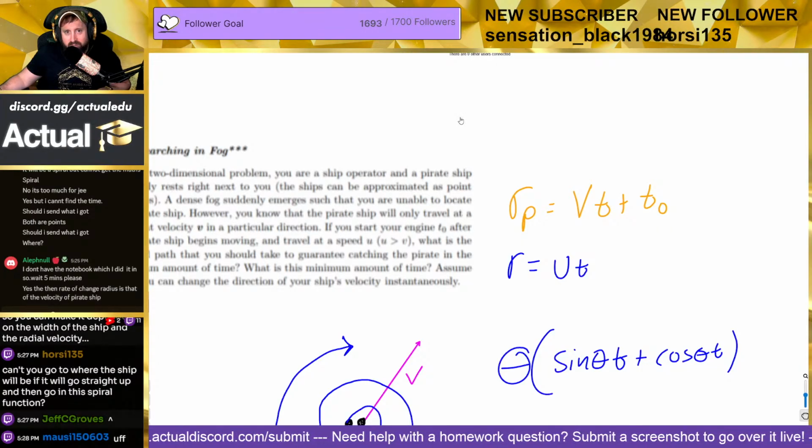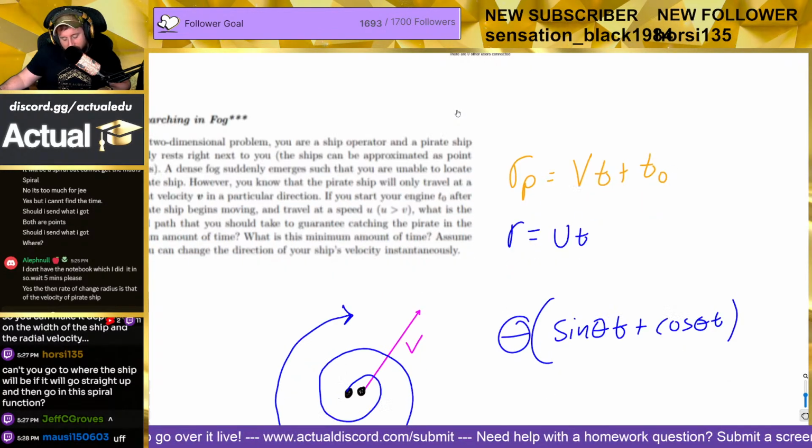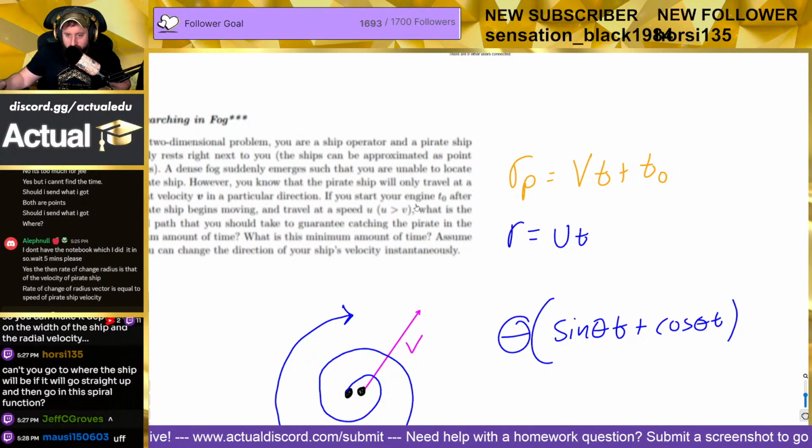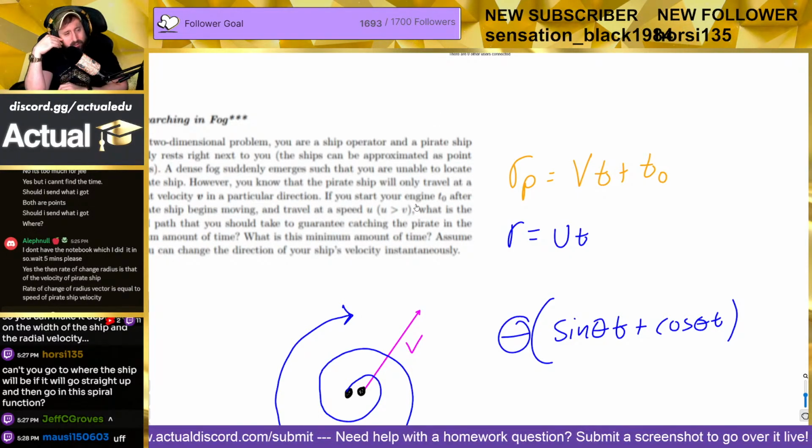But then I'm just curious how you write out the spiral function to make sure that the radial propagation is at least greater than, I guess, equal to V?